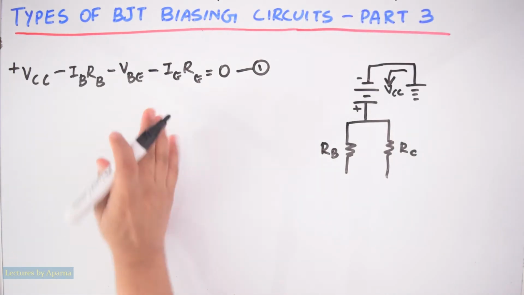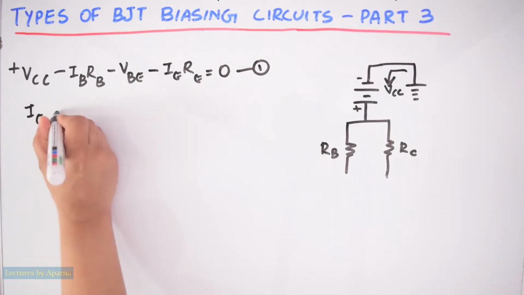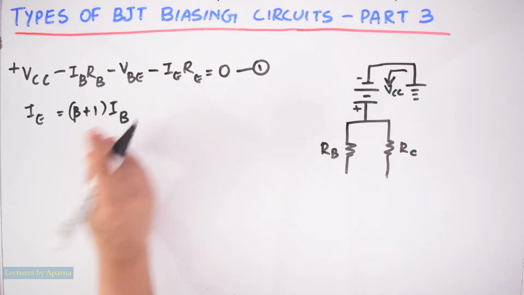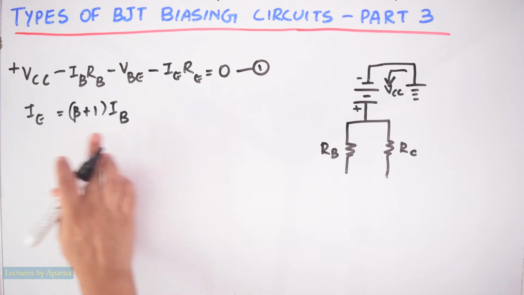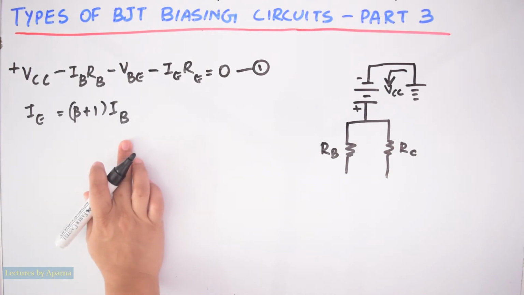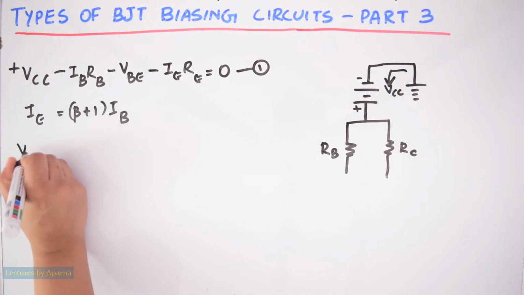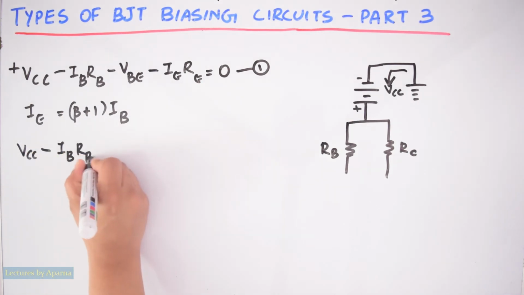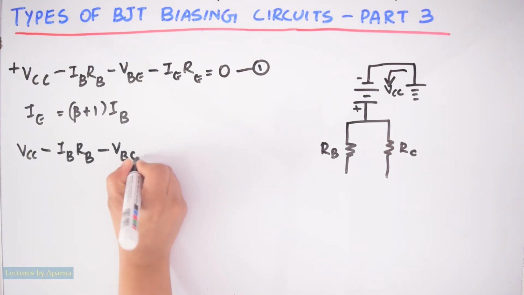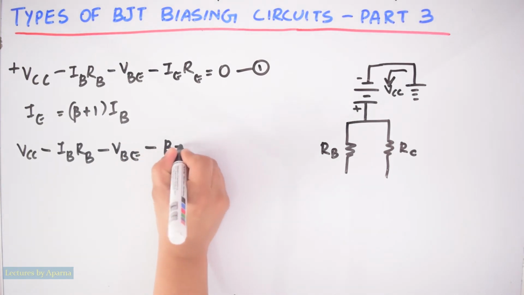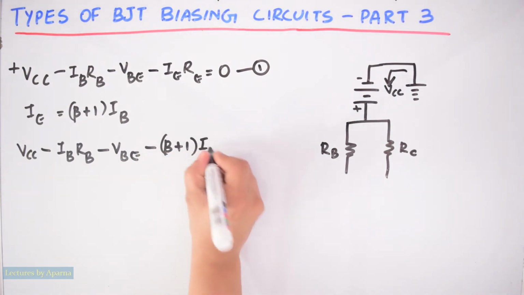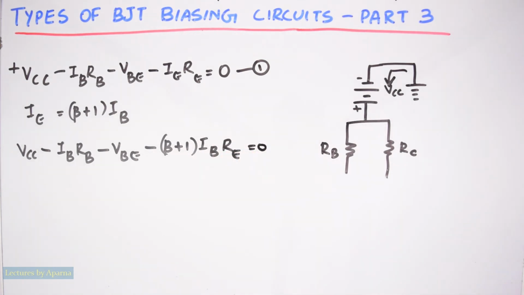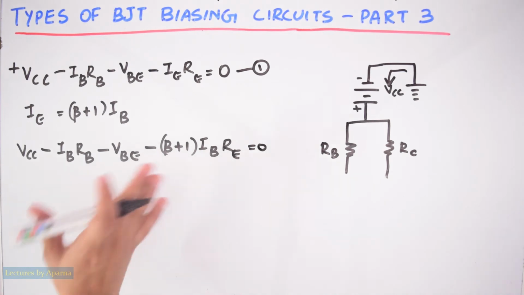Now in equation 1, substitute IE is equal to beta plus 1 into IB. This is a relation between emitter current and the base current. So VCC minus IB RB minus VB minus beta plus 1 IB RE is equal to 0. Now take the IB terms on one side.